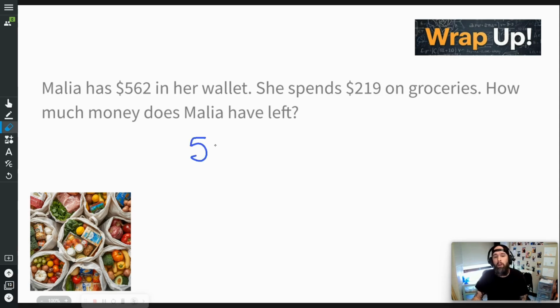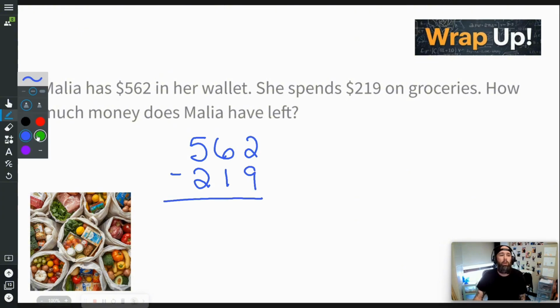So set up 562 minus 219. Everything else just lines up nicely. We don't have to worry about stacking everything to the right. And we just do the problem. Go all the way to the right. 2 minus 9 can't do it.